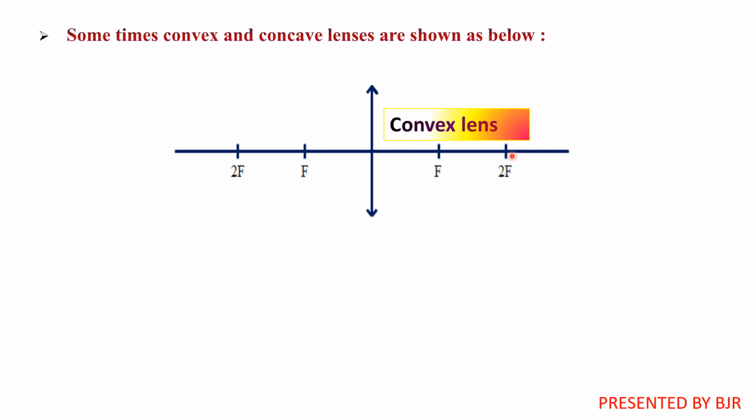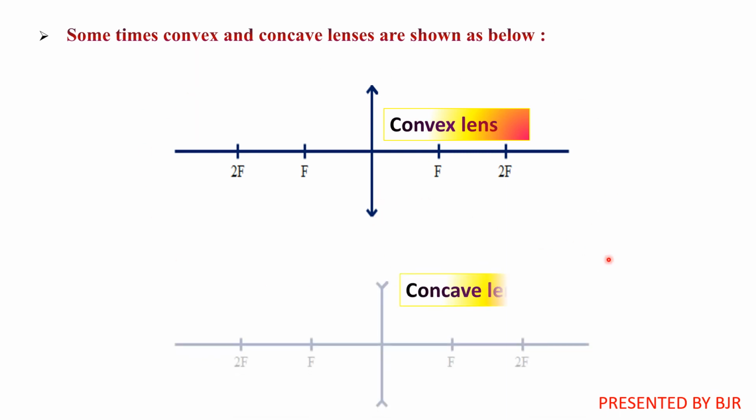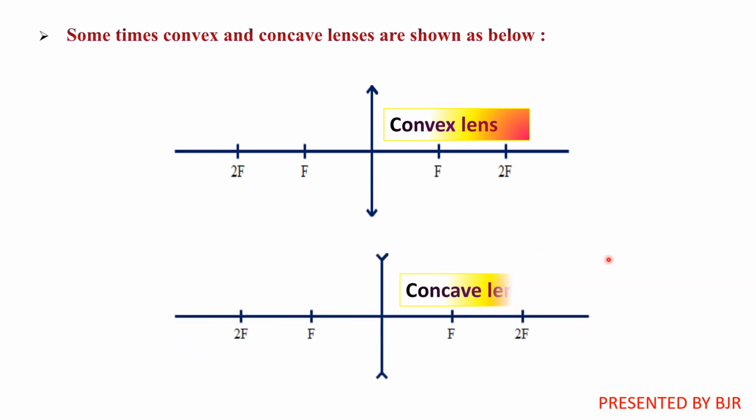So this one is C1, this one is F1, this one is F2, this one is C2. So sometimes it will be shown like this, and the concave lens also will be shown like this. So this side is F1, C1, F2, C2.